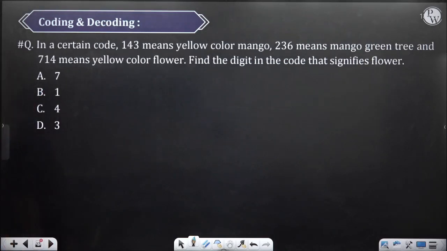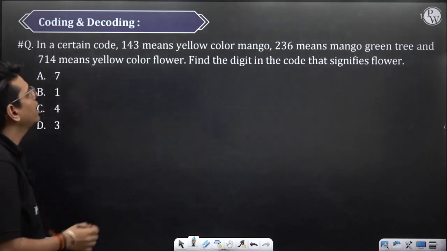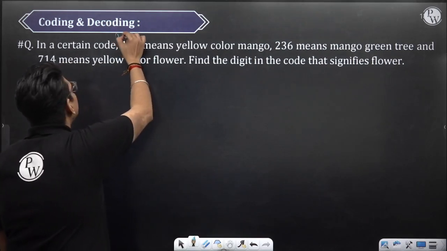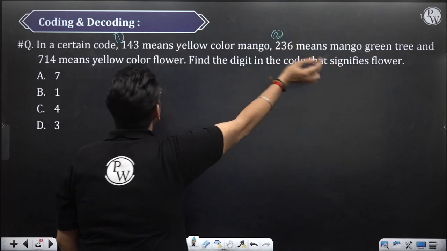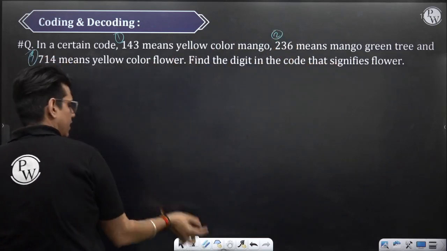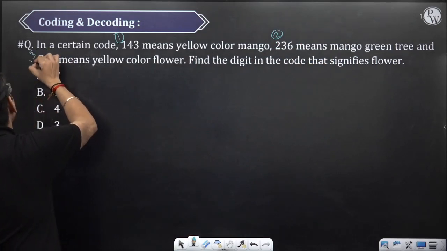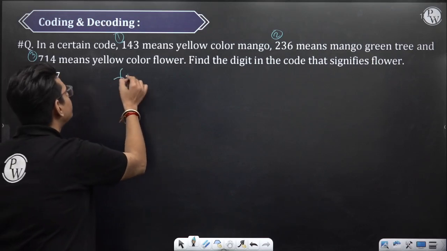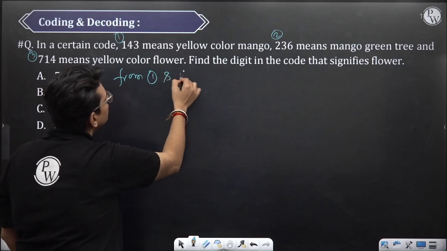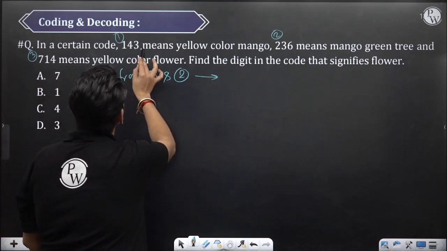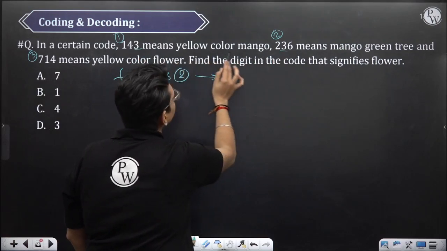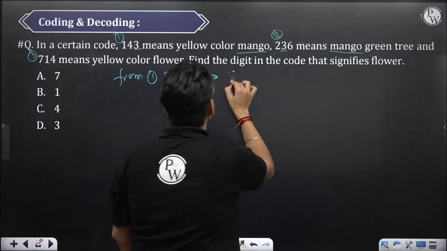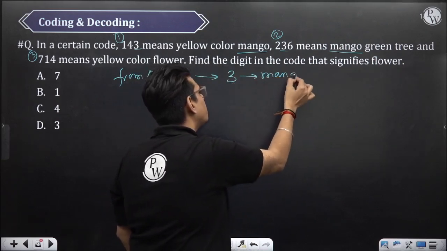Let's look at the next example. In a certain code 143 means yellow color mango. This is 1, this is your 2, and this is your 3. Okay, let's write 3 properly. So 143 means yellow color mango and 234 means, so from 1 and 2 we have common what? 3, and here we have common what? Mango. So 3 is mango.